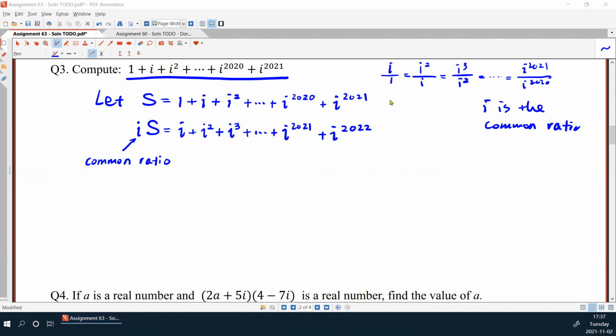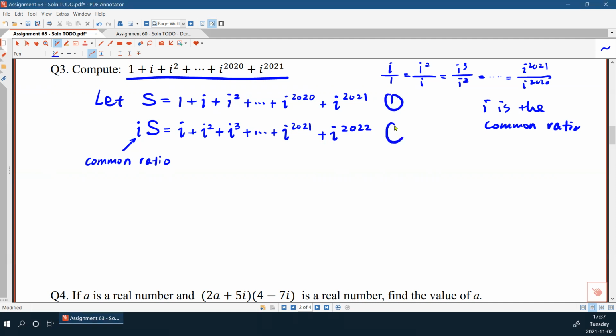Okay, then we label the first expression with 1 and the second with 2. And then what's the next step? In the next step, we can cancel some of the terms if we use 1 minus 2, right?